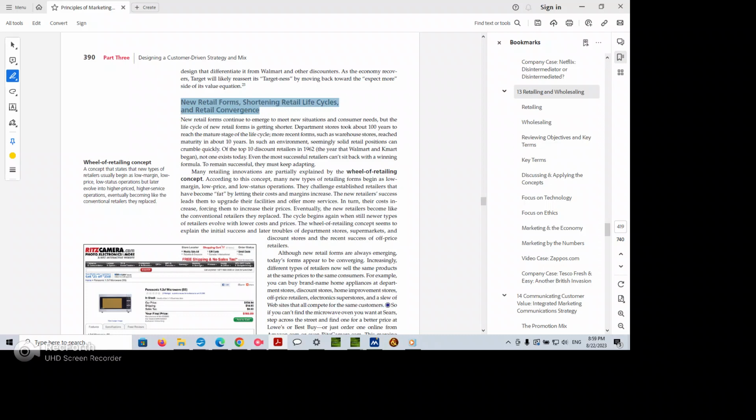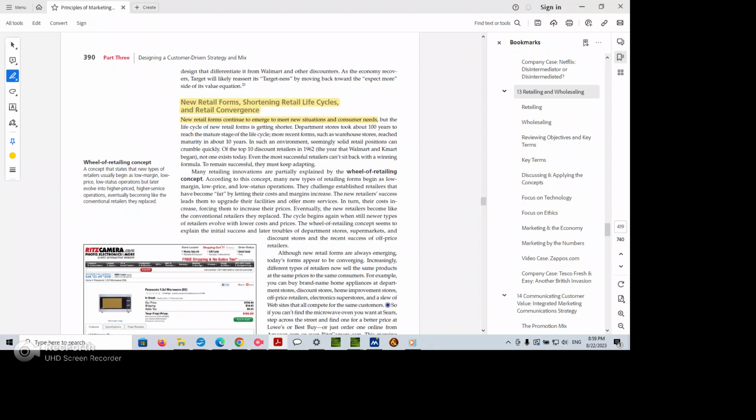Now let's talk about new retail forms, shortening retail life cycles, and retail conversions. Those are three things. So the first one, when we talk about that, we need to understand that new retail forms continue to emerge to meet similar consumer needs. The life cycle of the new retail forms is getting shorter.